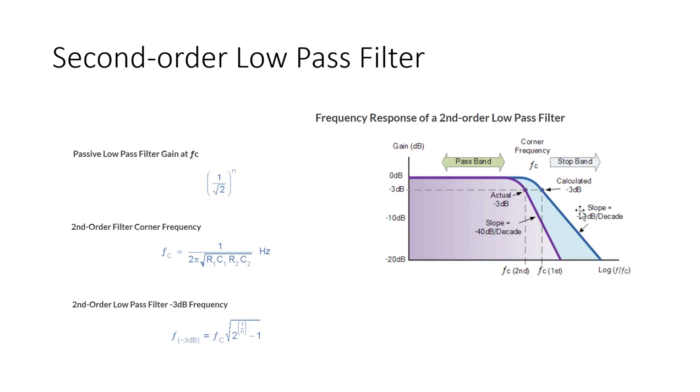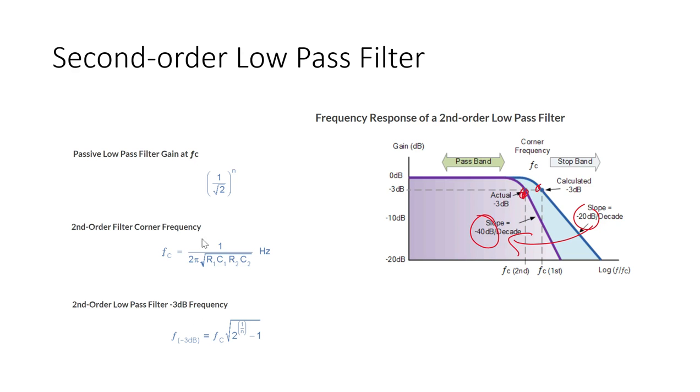The first filter which we had previously had this 3 dB graph, and the second one is also having a 3 dB graph, but the loss is now 20 dB per decade converted to 40 dB per decade. The first filter had the knee here, the second will have the knee here.